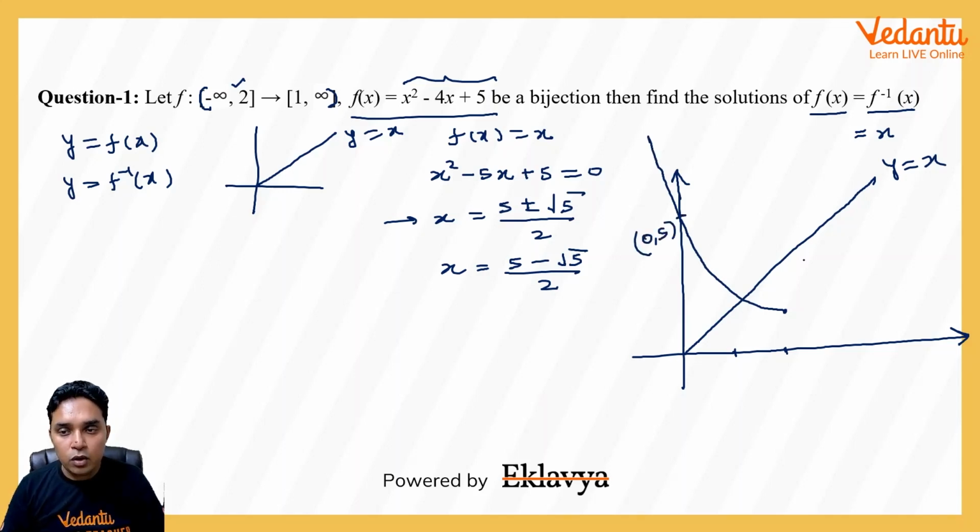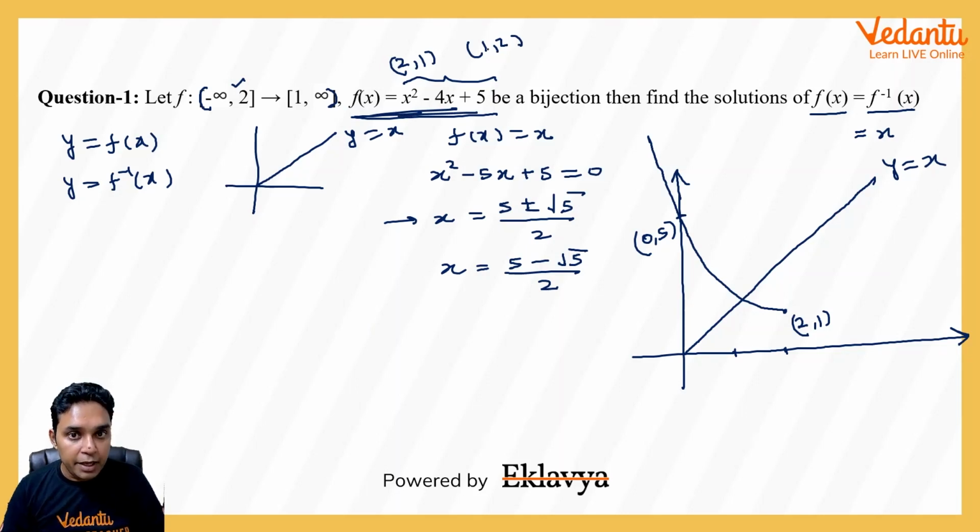Now if I draw the graph of f inverse, so if there is a point (2, 1) here, (1, 2) will be lying on the inverse, the corresponding point of f(x) will be the corresponding point of f inverse(x), which will be (1, 2). But please listen carefully, not only (2, 1) but (1, 2) is also lying on this graph.